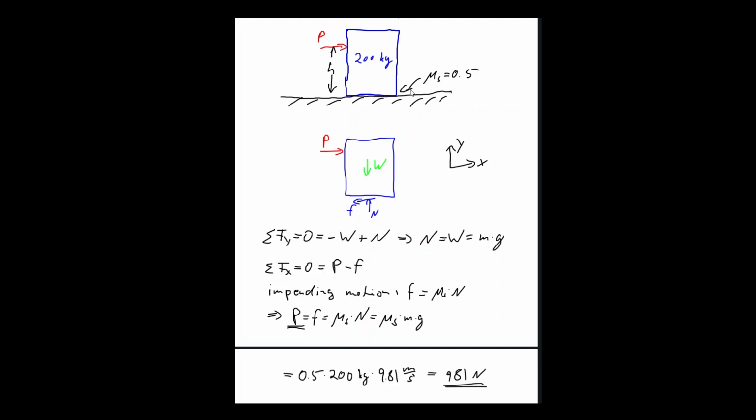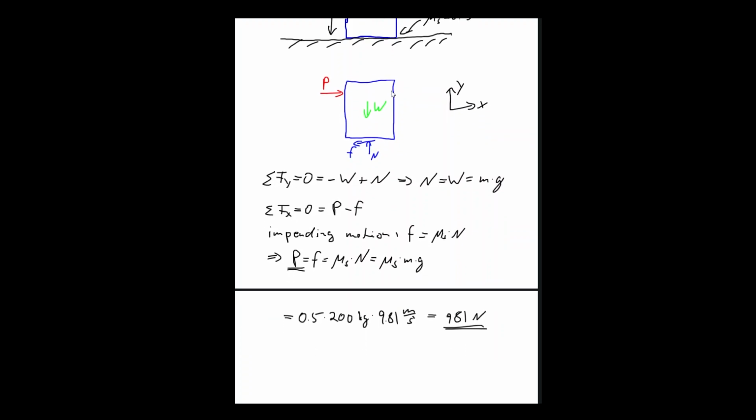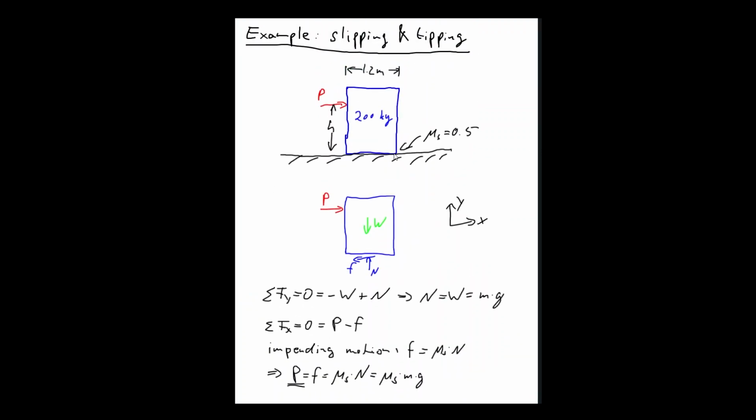All right, so now in order to make this box tip, we have to make sure that the force acts at the right height. So what we can do is basically do another free body diagram, and then we'll do the tipping around the corner.